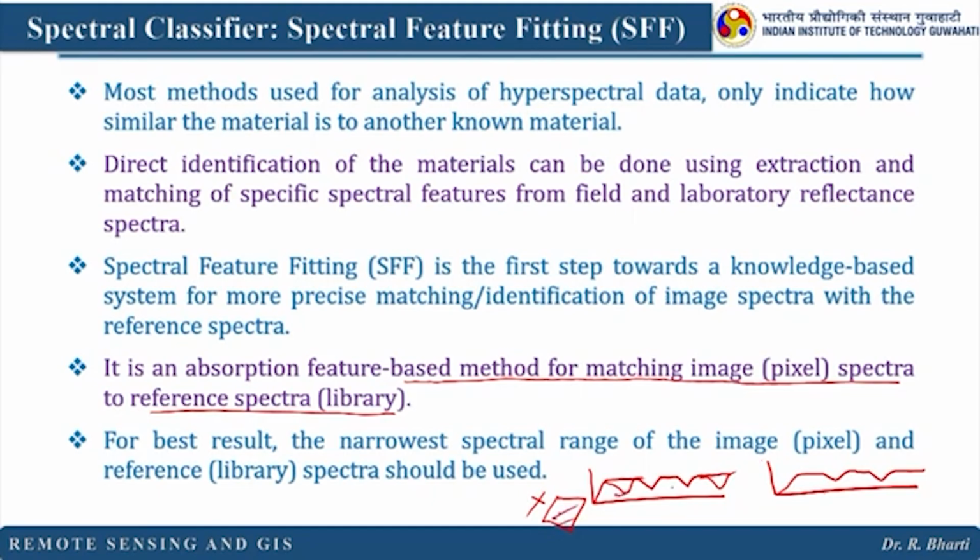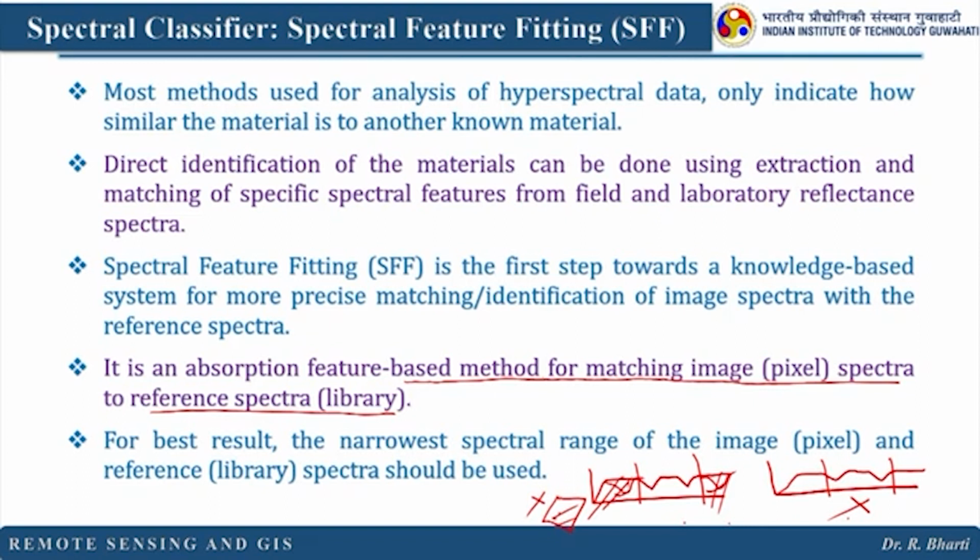So you have 2 or 3 extra absorption troughs, but actually I wanted to identify this material X, whether it is 10%, 20% or 30%. In that case, we can use only these two absorption features and the same wavelength range in your image spectra to match. Then we will not bother about this.